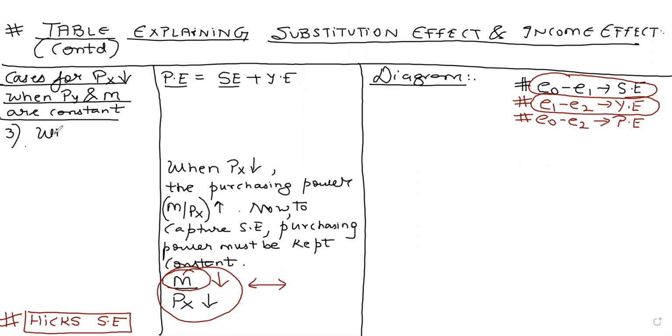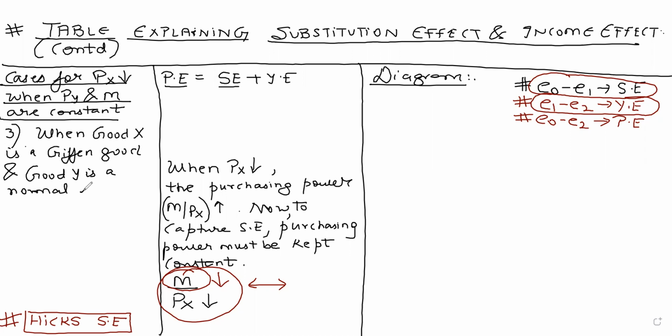So we have the case 3 in front of us, which is as follows. When good X is a Giffen good and good Y is a normal good, and price of good X is falling.